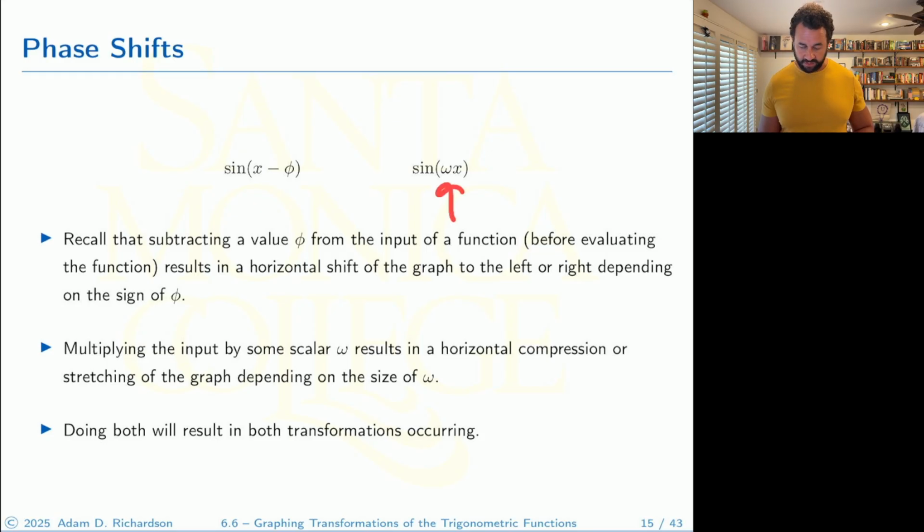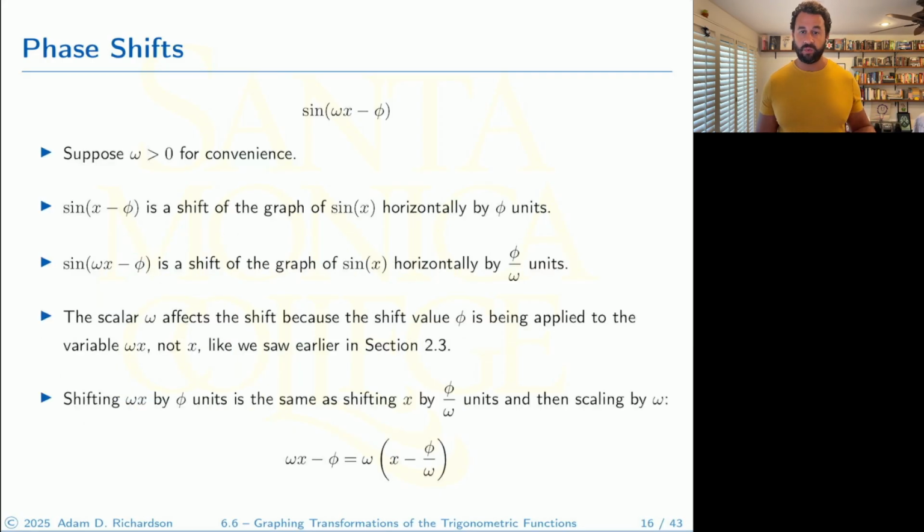Also, if you multiply the input by some scalar, you get a horizontal compression or a stretching. And if you do both of these things, both will occur. Now, we talked about this back in section 2.4 or 2.5, when you had both a horizontal scaling and a horizontal shift. So that can happen here as well.